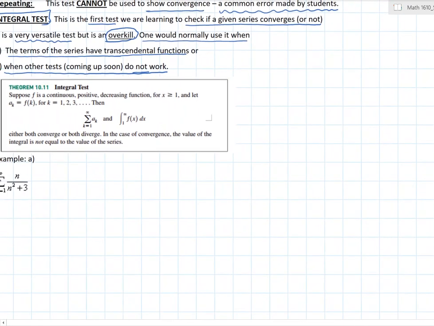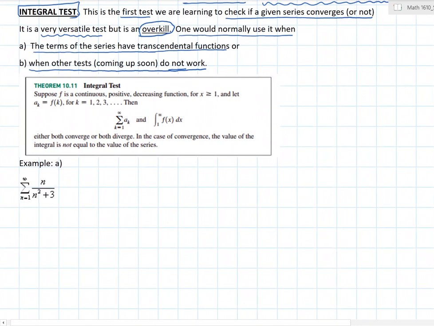So what is the integral test saying? It says that suppose f is a positive, continuous, decreasing function, so that a_k is f of k. So that means basically this f of k is that generating function that we saw when we were studying sequences.